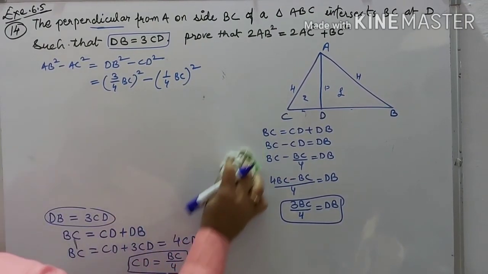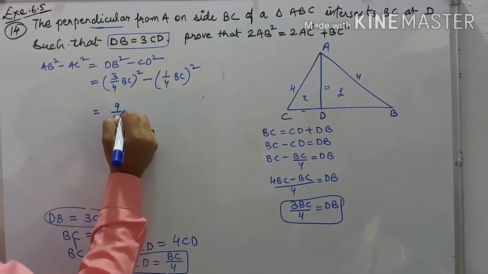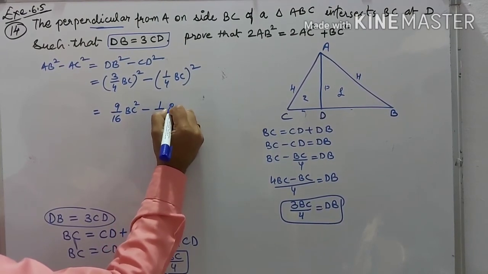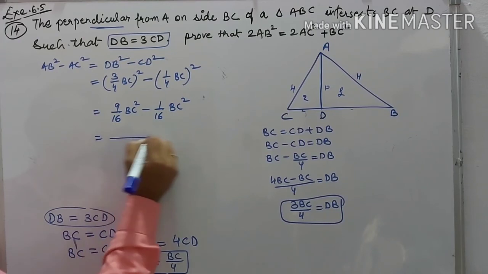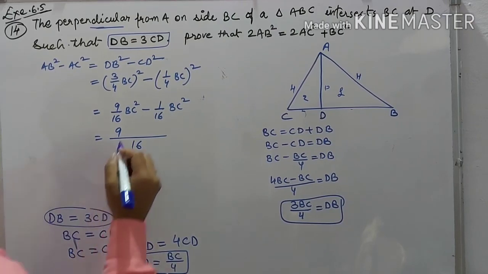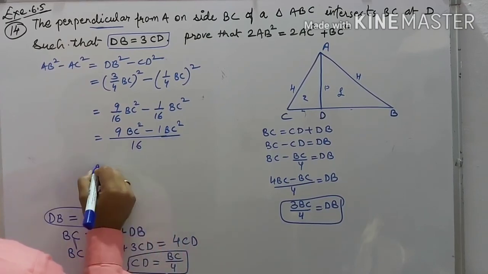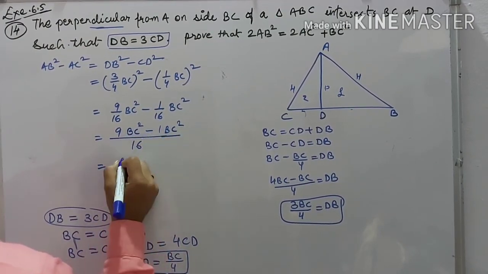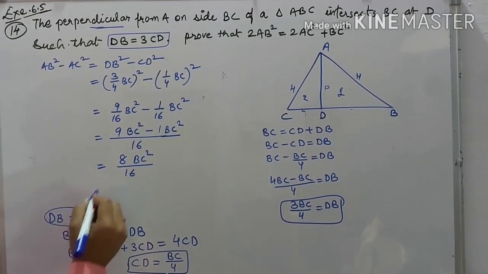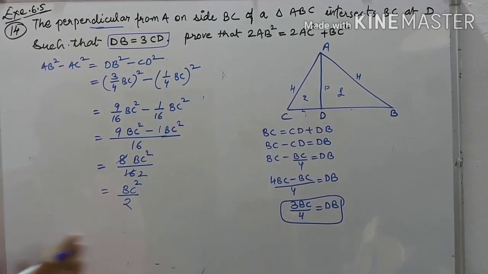Now solve. 3 squared is 9 upon 16 BC square, minus 1 upon 16 BC square. So this is 9 BC square minus 1 BC square, which means 8 BC square upon 16. 8 over 16 means BC square upon 2.